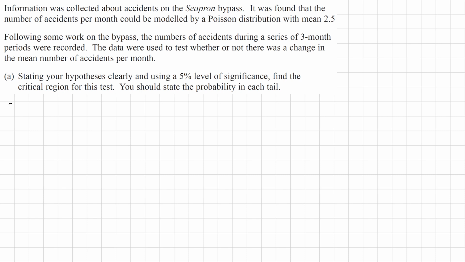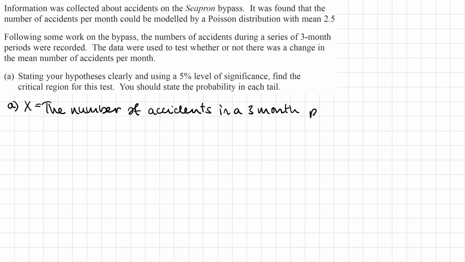Okay, I'm going to start by stating what my random variable is. Now you don't have to do this, it is optional, but I like to do this. It's always going to be the number of something. So X is the number of accidents in a 3 month period, and my random variable X is being modelled by a Poisson distribution with a mean of 2.5.